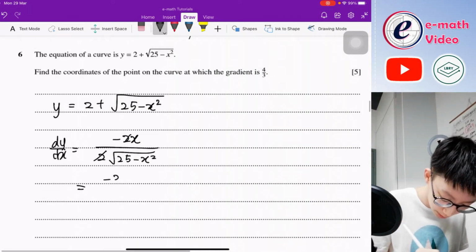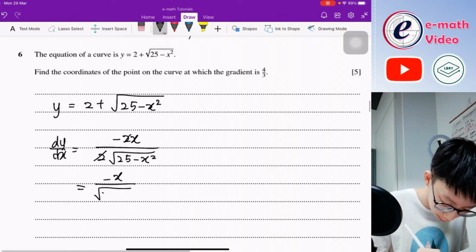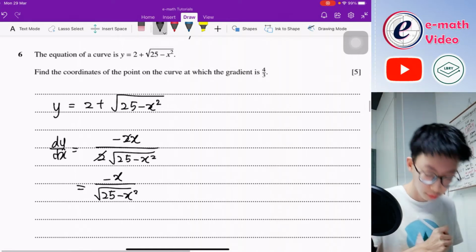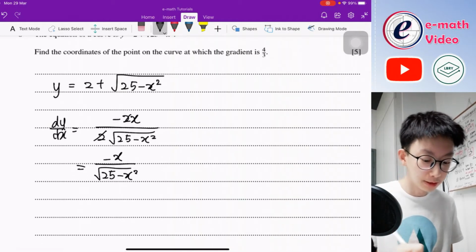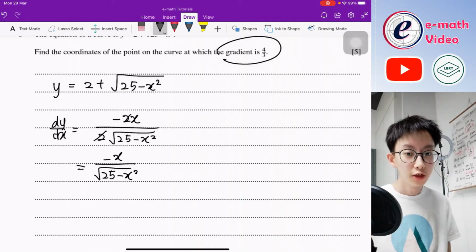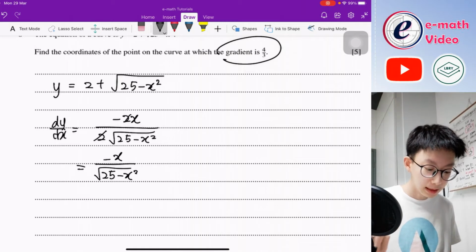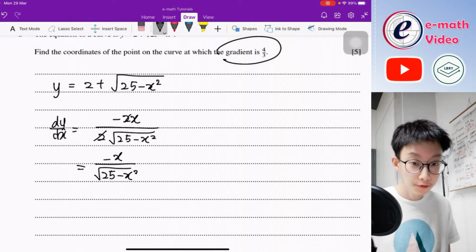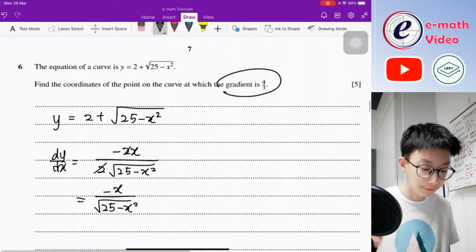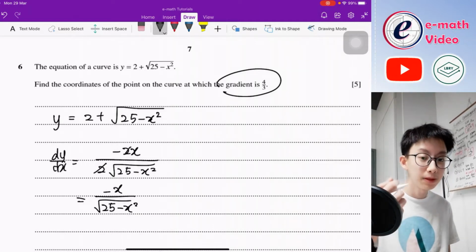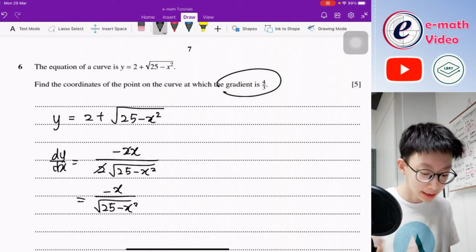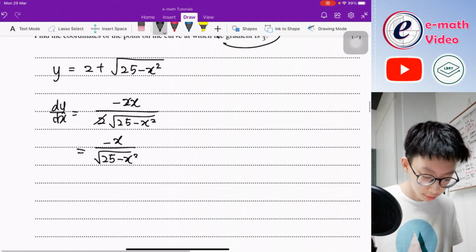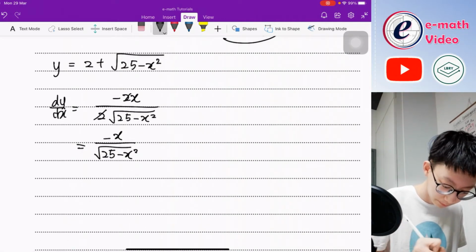Let me write one more step: negative x over the square root of 25 minus x squared. Now the question tells you that the gradient is 4 over 3. So you just let this dy/dx be 4 over 3, find the value of x, and sub it back into the equation to get your y, and you can find the coordinates.